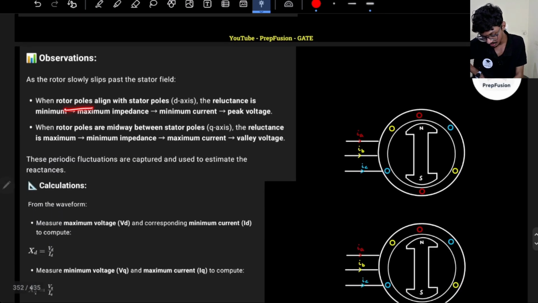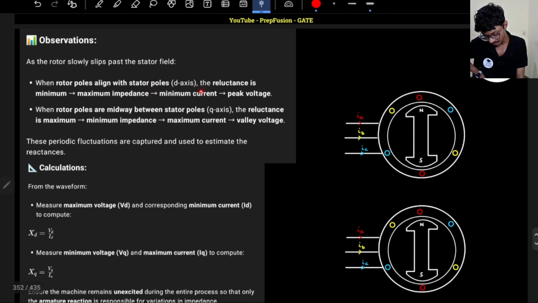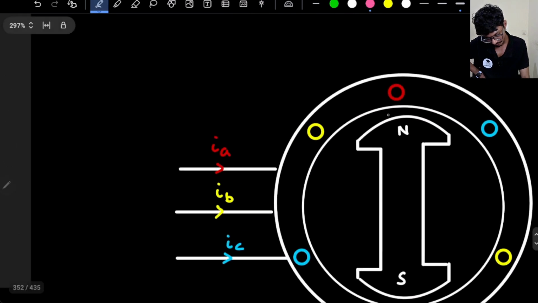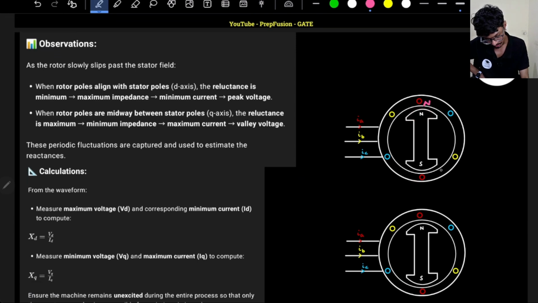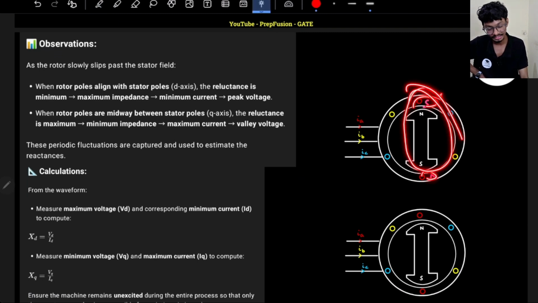So when the rotor poles align with the stator poles, that is here, then the reluctance is minimum. So let's say the rotor poles are here north and south, and let's say stator poles are also here, north, sorry, this will be south, this will be north. So if the rotor poles and the stator poles both are aligned, then what reactance will I get?